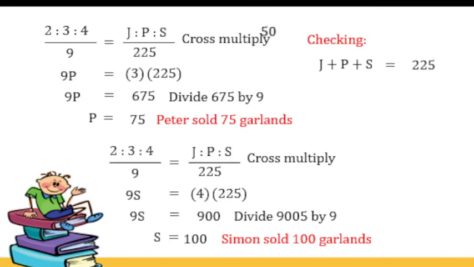So you have 50 plus 75 plus 100 is equal to 225, and 225 is equal to 225. Again, James sold 50 garlands, Peter 75, and Simon 100. The total is 225. Okay, so this time let us use the triangle.